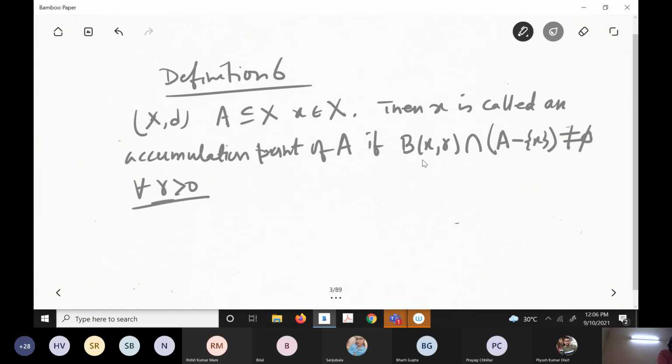For all r greater than 0 means every neighborhood of x. Here I am omitting x. That means it intersects in points other than x. This is called an accumulation point.